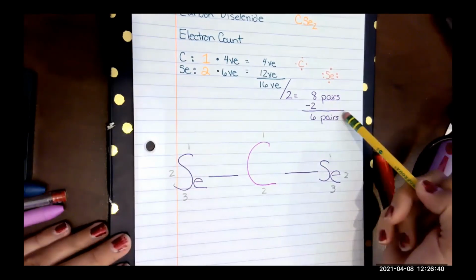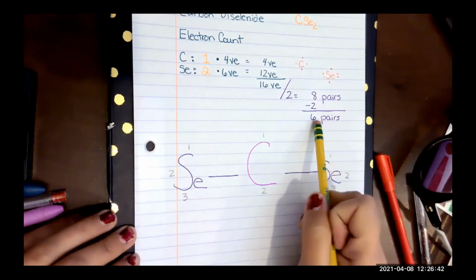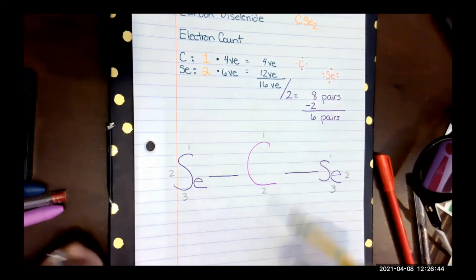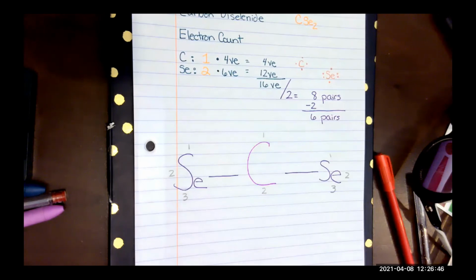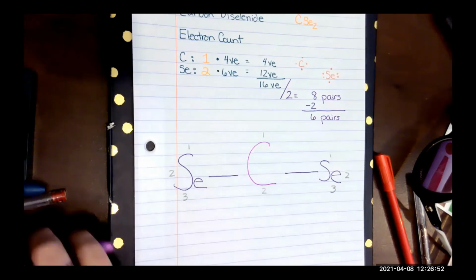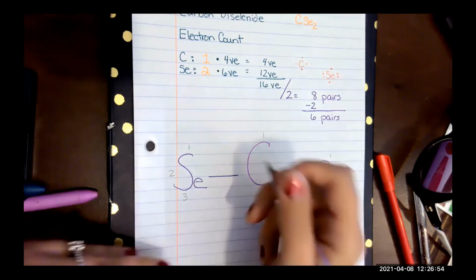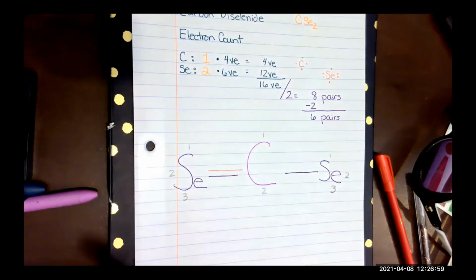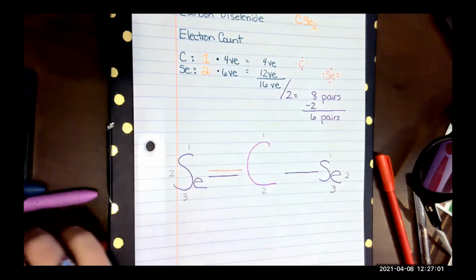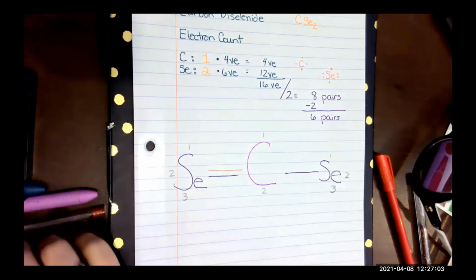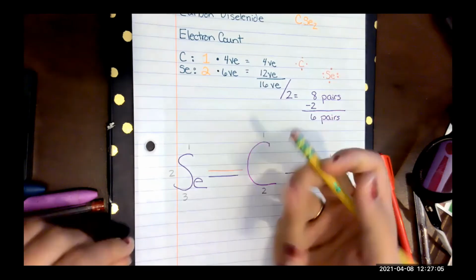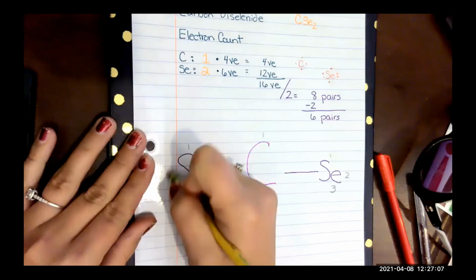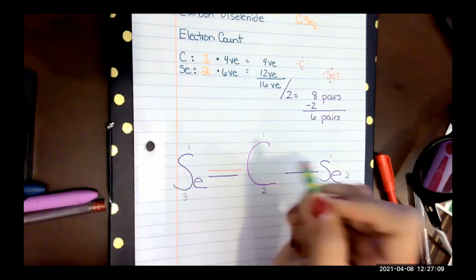I only have 6, so I can only use what I have, so I have to do a double bond. Well, the first thing we can do is a bond between selenide and carbon, which I'll put in right here. By putting in that bond, I have successfully made this selenide, this one over here. So I'm going to take 2 away over here, and I'm going to take 2 away down here, because I like to match the numbers.